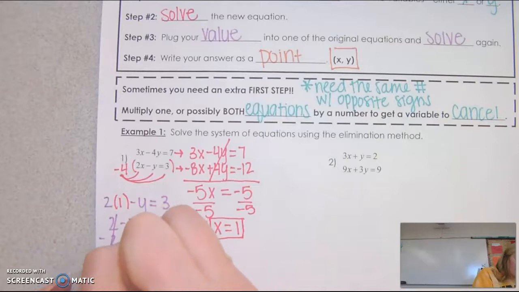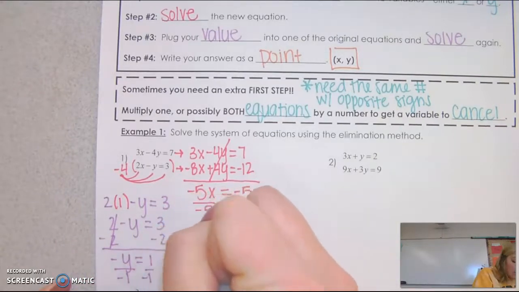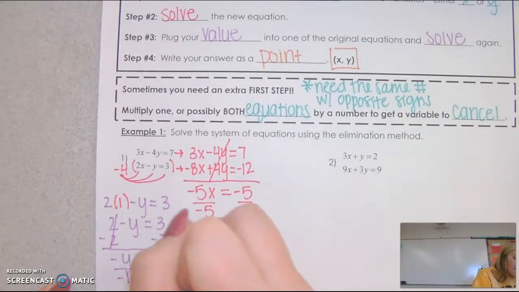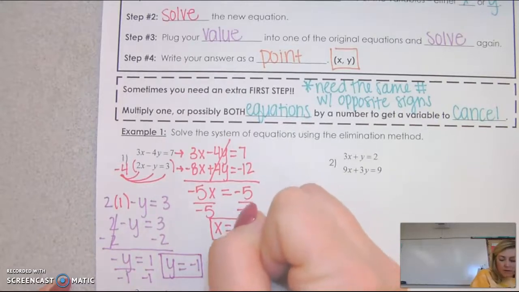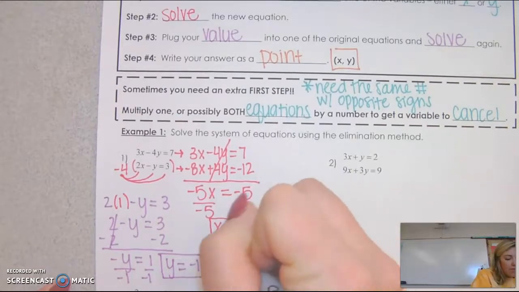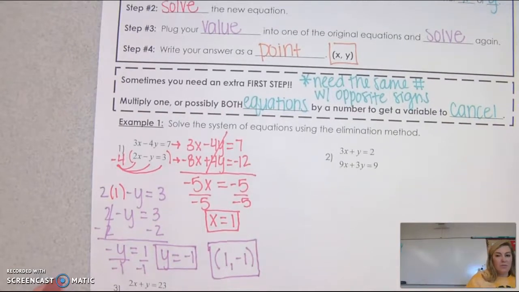And then divide both sides by negative 1. So y equals negative 1. So now I have my x value and my y value. I need to write those as a coordinate point. So my answer is 1, negative 1. Okay, not too terrible.